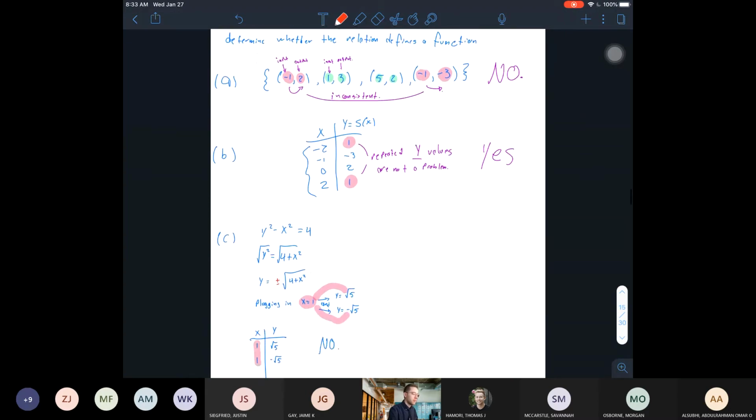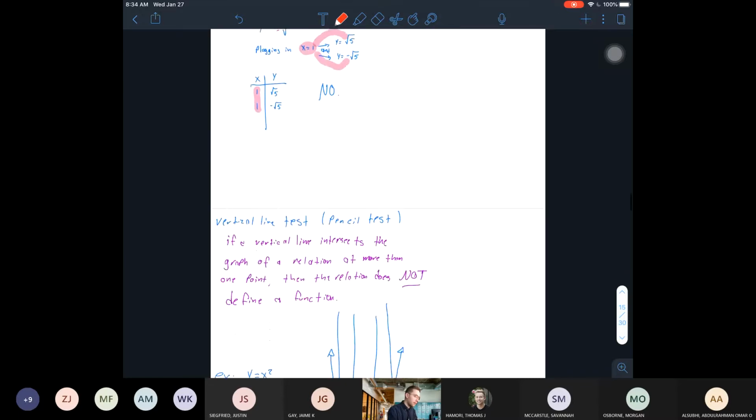We tested some relations to find out if they were functions. Remember, that amounted to checking whether we had repeated inputs in the domain which were being mapped to different outputs in the range. If we had that happening, then it's not going to be a function.